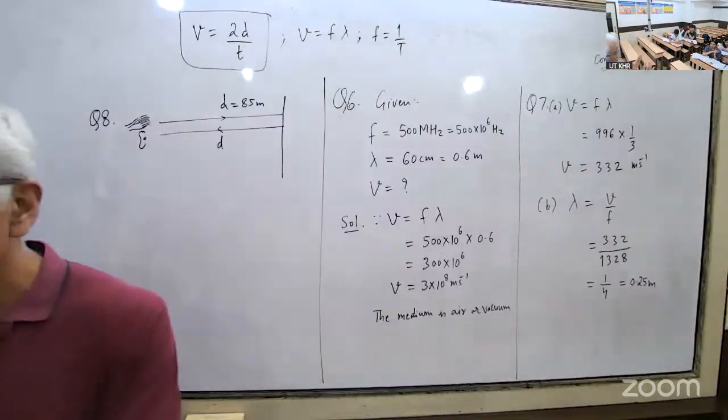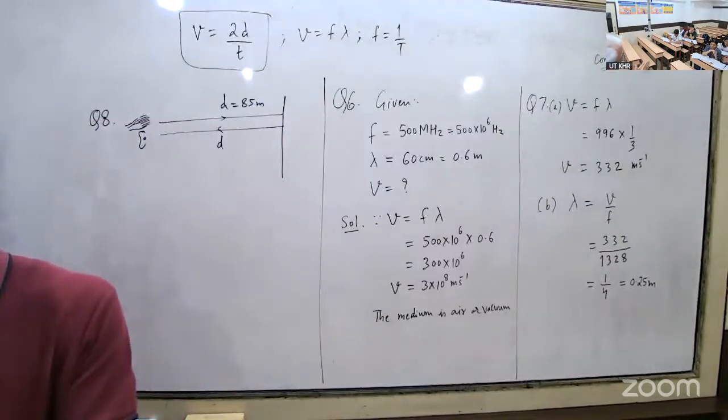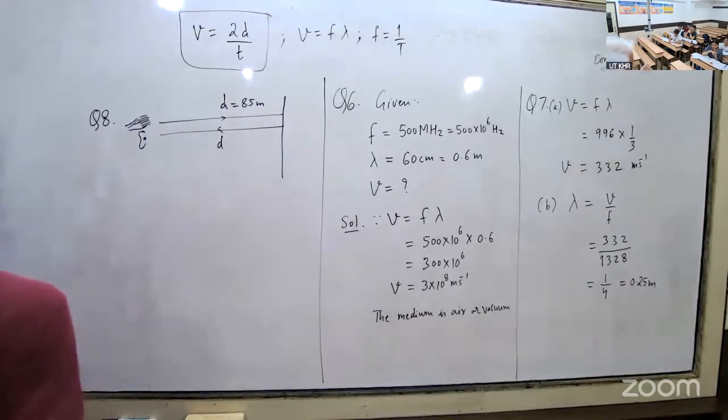So 2 claps per second meaning what? At 0 second, the first clap, and after 1 second, the second clap. So by the time I am at 1 second, I am getting the echo because the echo is coinciding with the second clap. So what is the time of echo? 1 second.